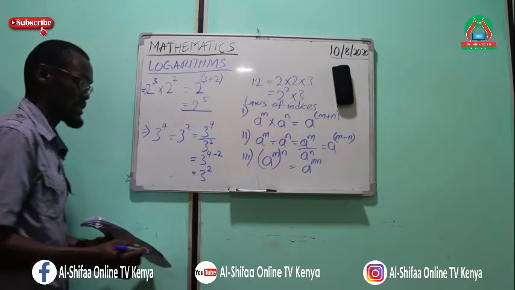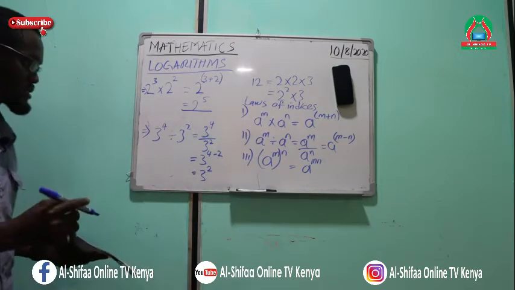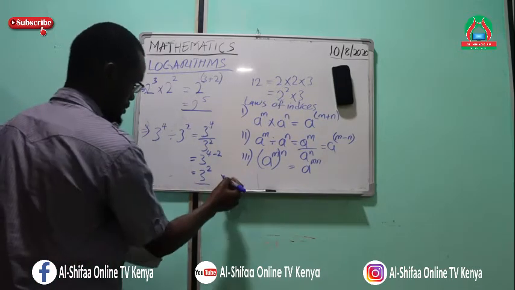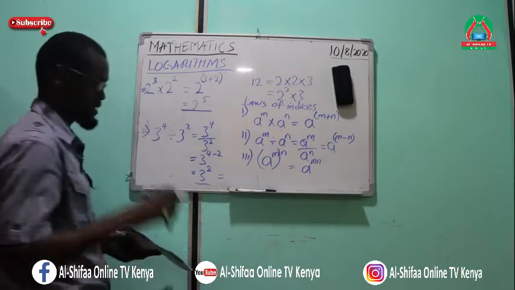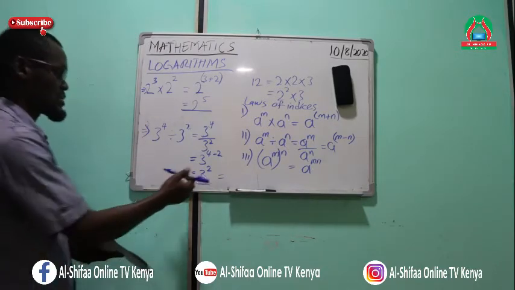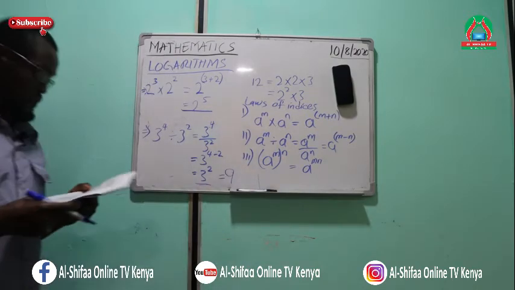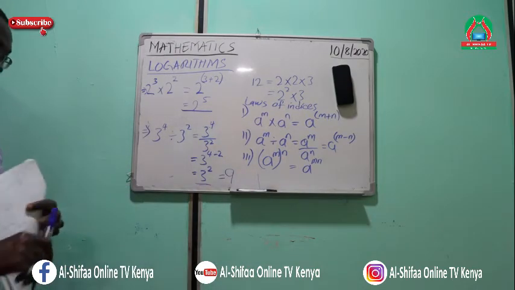If you are asked to leave it in index form, you just leave it like that, or if you are told to find the exact value, this is equal to 9. That's a quick review on indices.